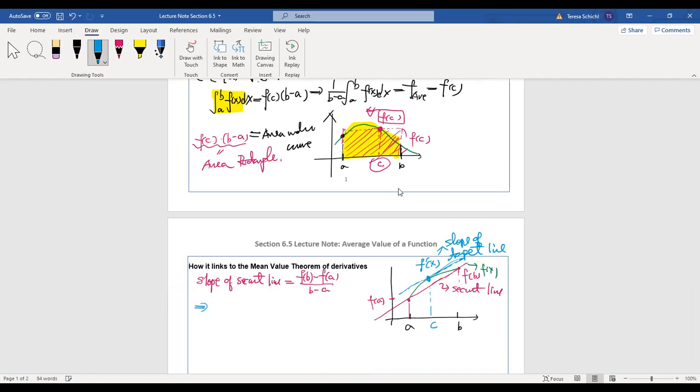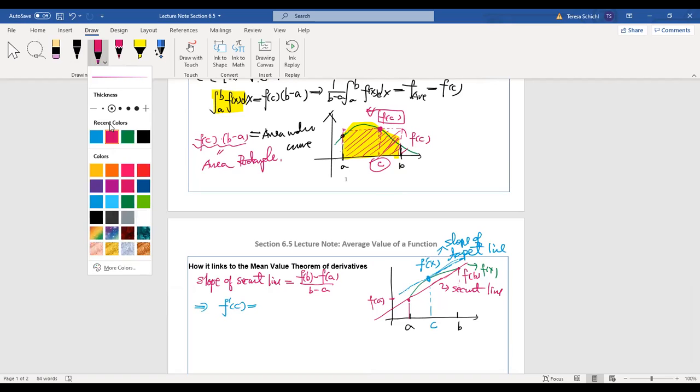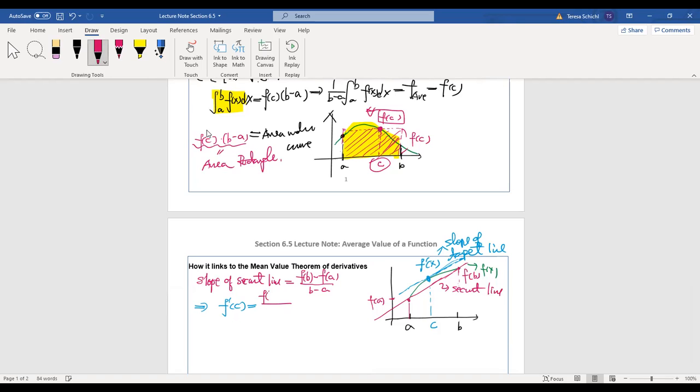So basically it's telling you that f prime of c is equal to f of b minus f of a over b minus a, right? So that's what we say here.